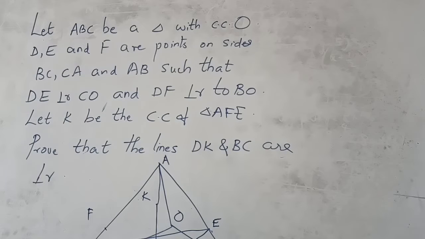It is given that ABC is a triangle with the circumcenter O. D, E and F are points on the sides BC, CA and AB in such a way that DE is perpendicular to CO and DF is perpendicular to BO. Now let K be the circumcenter of the triangle AFE. Prove that the lines DK and BC are perpendicular.